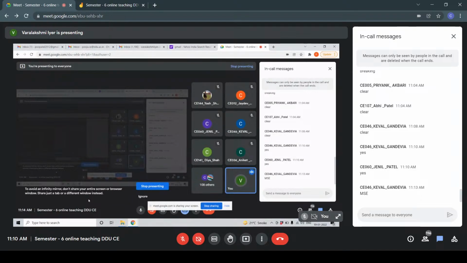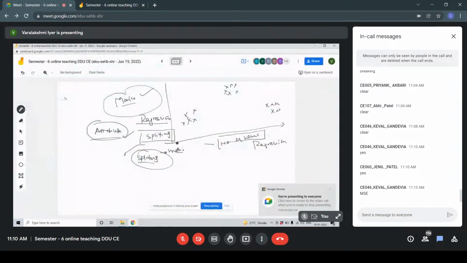So in this case also, we'll be using a regression based metric. First of all, we'll be estimating a splitting point, and then we'll estimate the SSE, that is the sum of the square error.